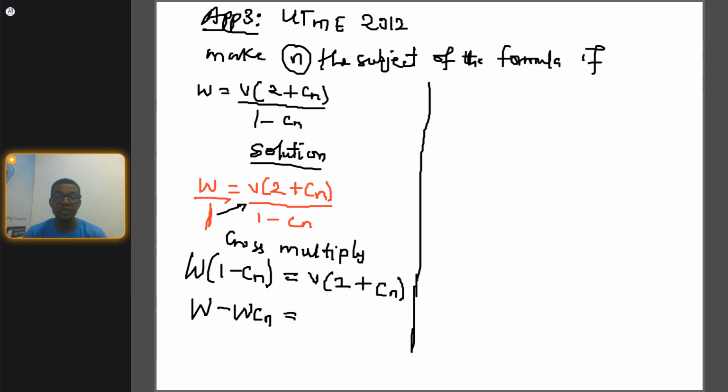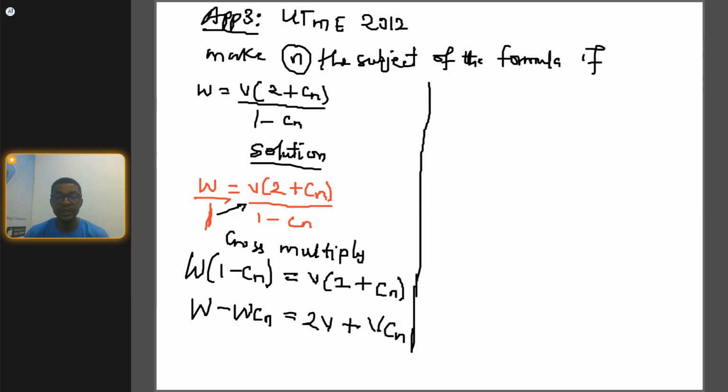WCn equals V multiplied by 2 is 2V plus V multiplied by Cn is VCn. All right. Is that clear to us? Can we proceed?